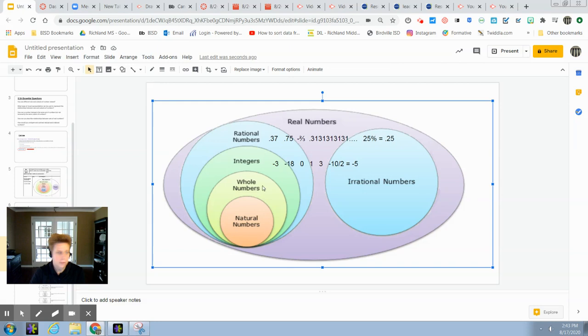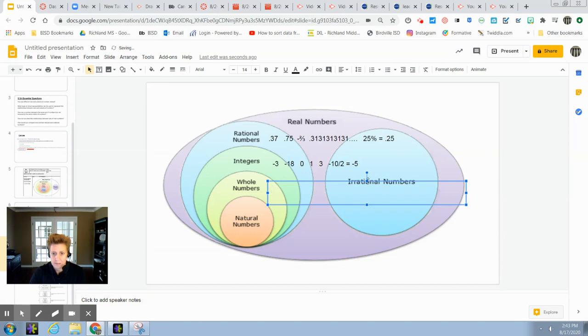Now let's do some whole numbers. Those are pretty easy. They would consist of 0 plus all the counting numbers or the natural numbers. So we know 0, 1, 2, and 3 would be numbers. But what if they had like the square root of 25?